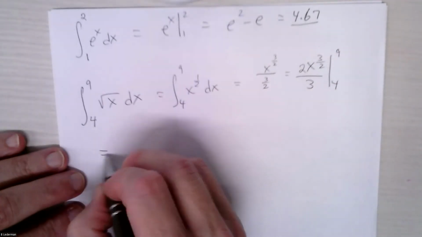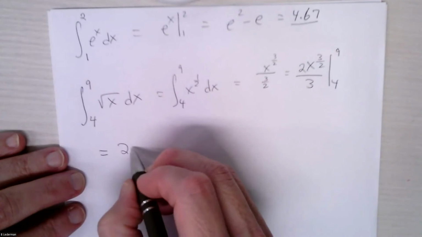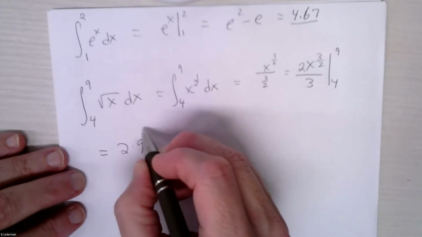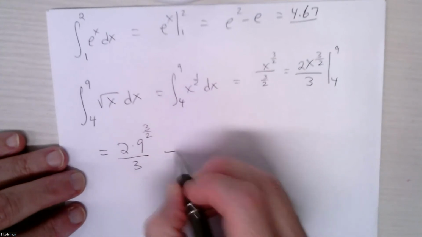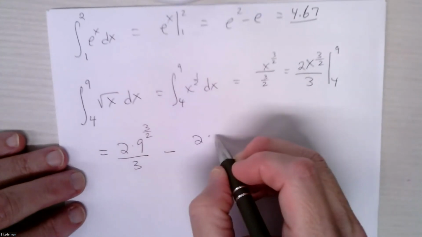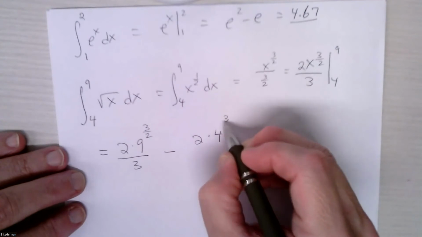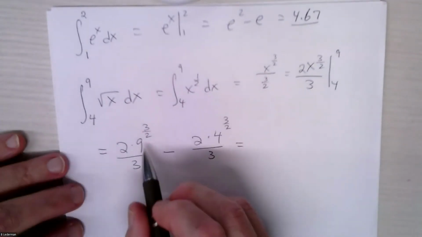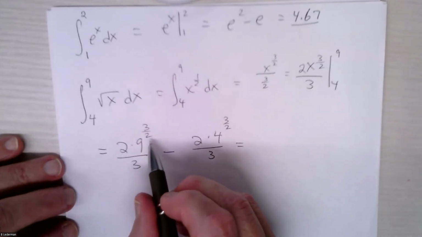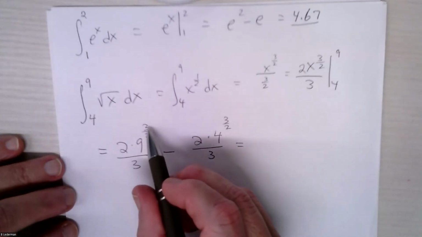So the answer is going to equal 2 times 9 to the 3 halves power over 3 minus 2 times 4 to the 3 halves power over 3. Now, how do you handle this? Well, first of all, when you have a fractional exponent, the bottom number is the root, the top number is the exponent.